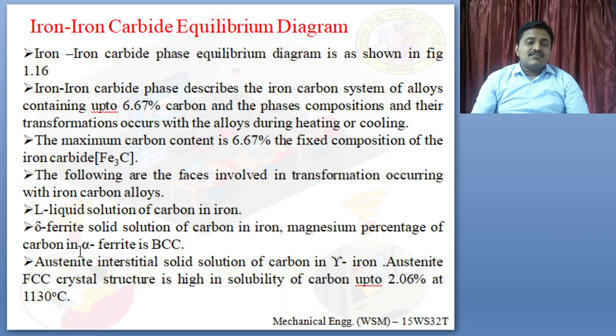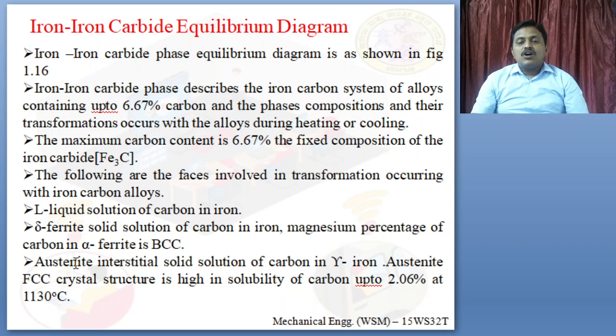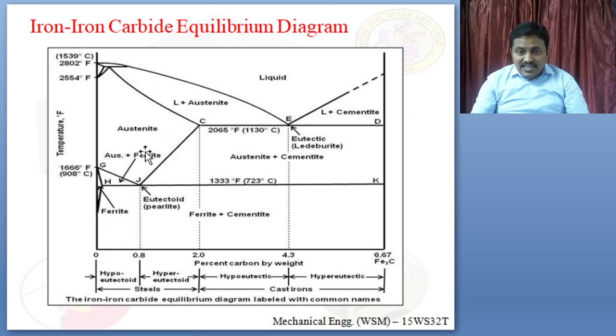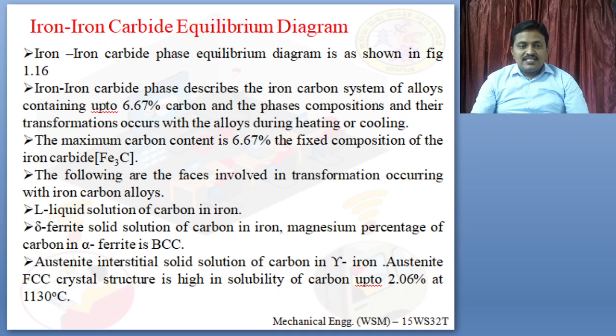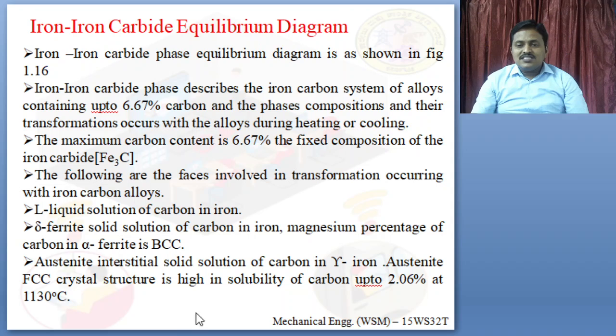Maximum percentage of carbon in alpha ferrite, which is BCC. So this is the alpha stage, this is the delta stage, which is a combination of alpha. Next is known as austenite, an interstitial solid solution of carbon in gamma iron. So the center is gamma, this is L, this is delta, this is solid, this is liquid. What is this gamma?